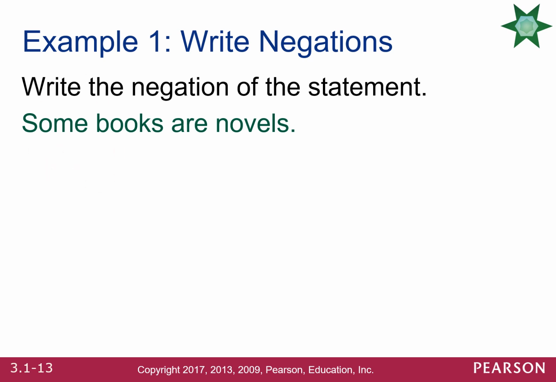So we can write the true statement, it's a true statement for sure: at least one book is a novel, correct? Now, if we were to make this statement false, we have to add the word not here. So that would be: not even one book is a novel.